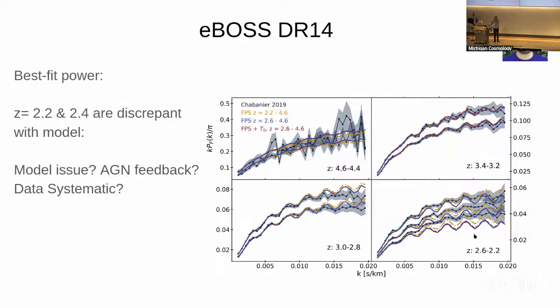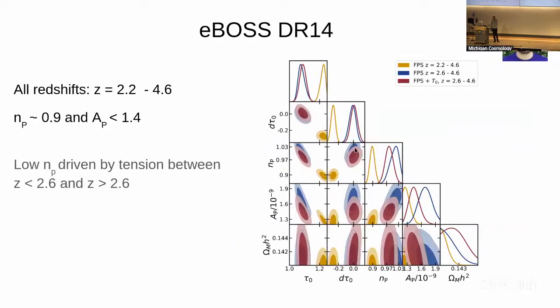Oh, hey, what happens if you just throw out these two bins that don't really match? Well, then you get this red curve, and suddenly the slope of the power spectrum is exactly what Planck wants it to be. And the amplitude is much, much closer to what Planck wants it to be. And I'm like, haha, this is great.